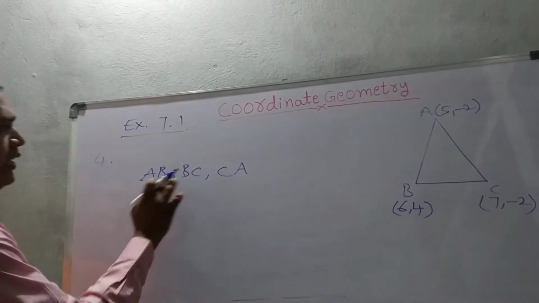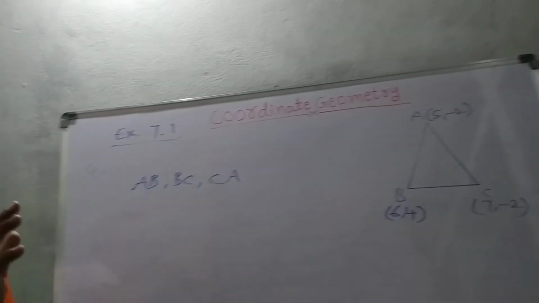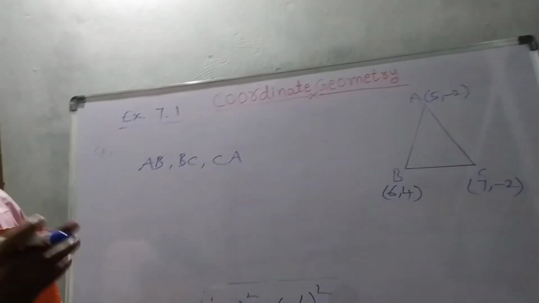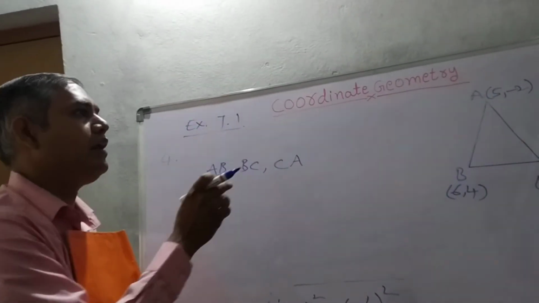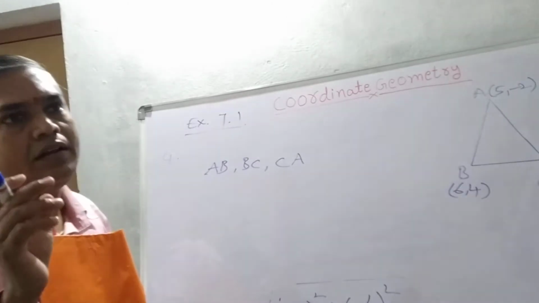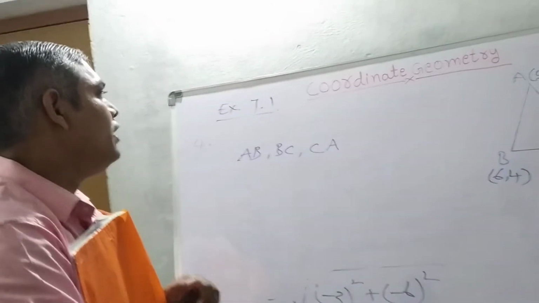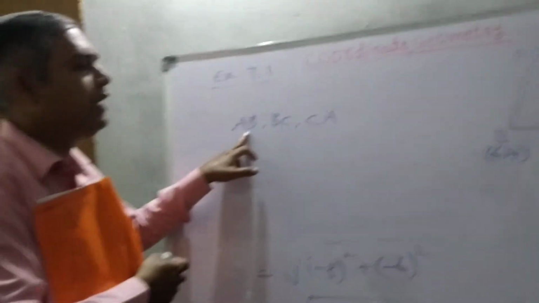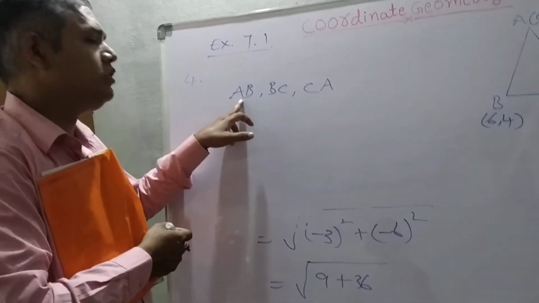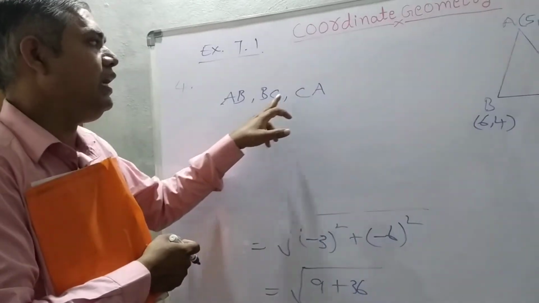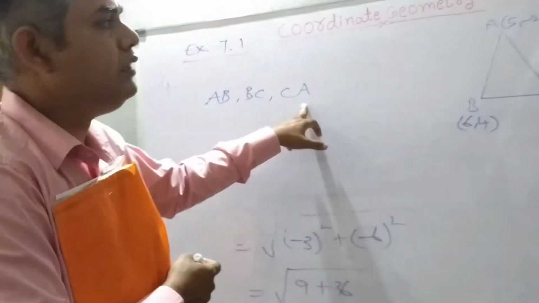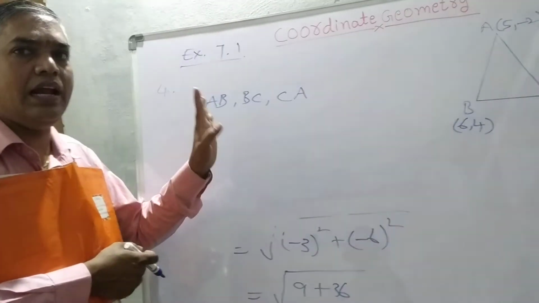In these 3 distances, if any 2 are equal, then we can prove the given 3 points are vertices of an isosceles triangle.